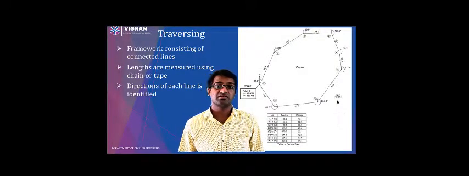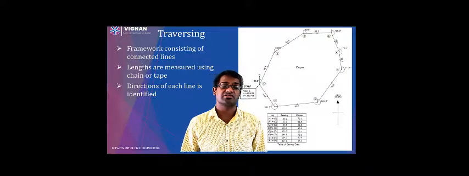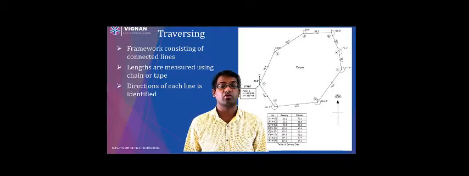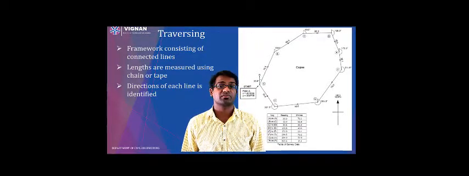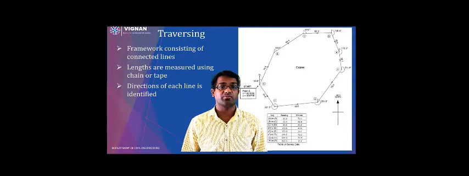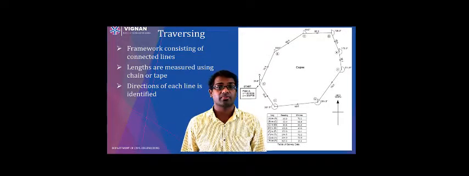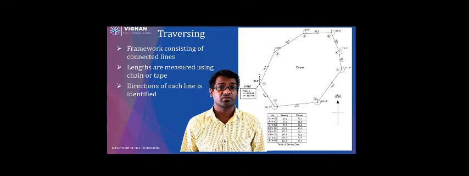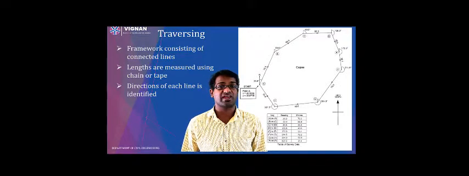Traversing is interconnected lines which have a certain direction to them, or a framework consisting of connected lines. In the figure you can see there is a point A, point B, point C and so on, and these lines are connected all together along with the direction with reference to the north. Now imagine you are standing at A.